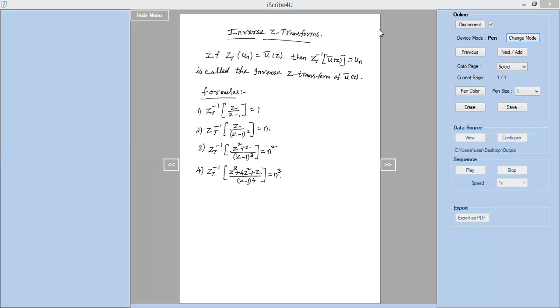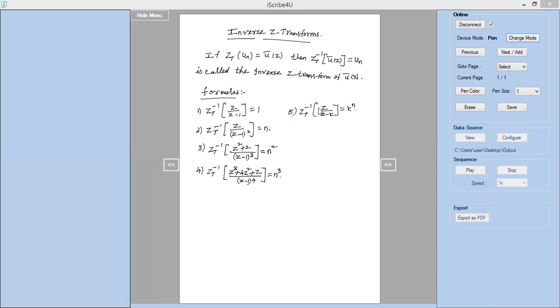First I will simplify this. Now for this, using the damping rule, which we have already done, I will write the general formula. Fifth one: Z inverse of z divided by z minus k equals k power n.